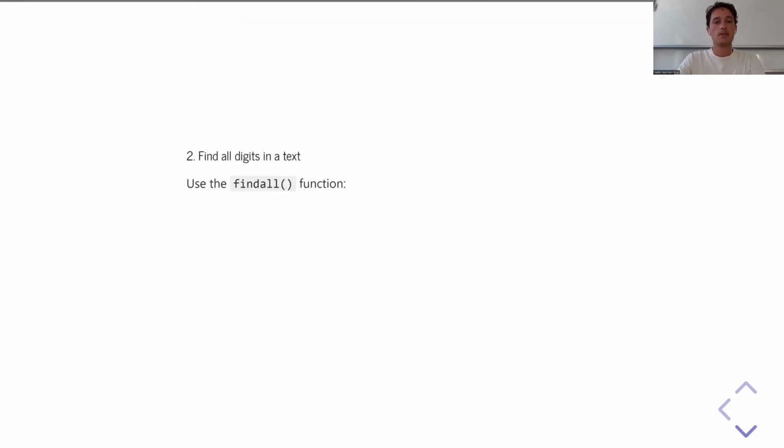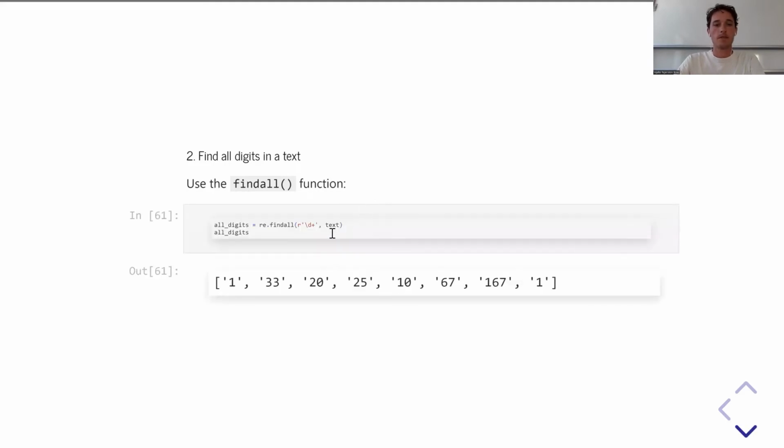So another example is that we could try to find all digits in the text. And for that, we can use the find all function in the regular expression package in Python. So the only difference from before is that we use the find all function, and we just use the same regular expression as we just saw before.